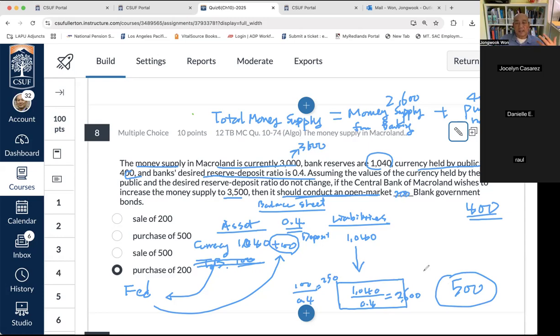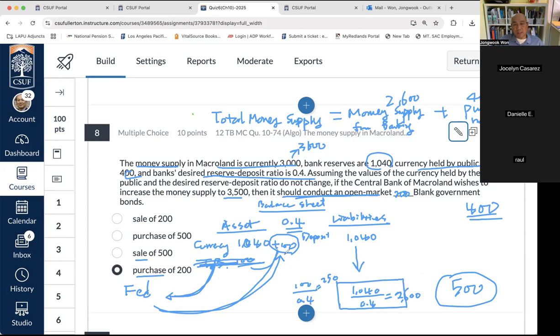But probably this is difficult. I will not ask numbers, but what you have to know is whether the Federal Reserve executes open market purchase or sale, at least. You should know that. So purchase means treasury bonds become currency, because the Federal Reserve takes the treasury bond and gives cash to the bank, and with more cash they can lend more.